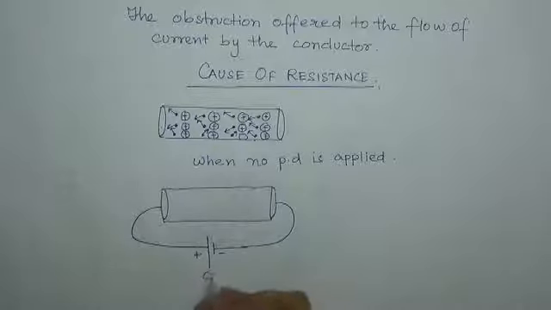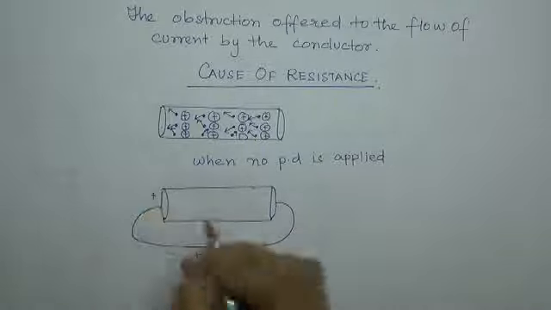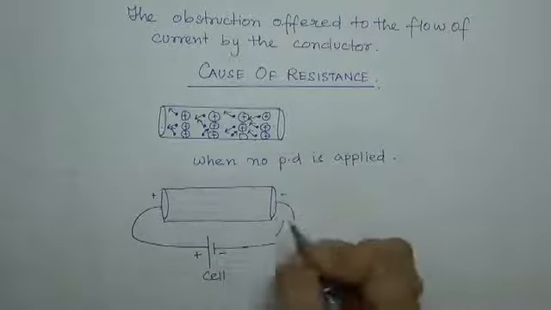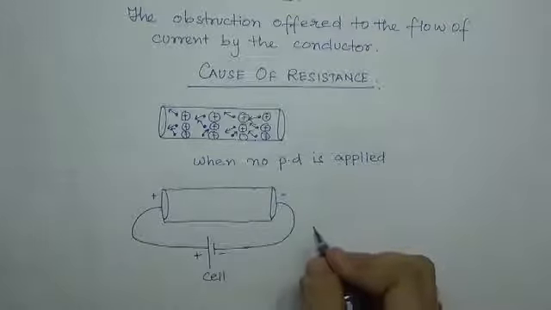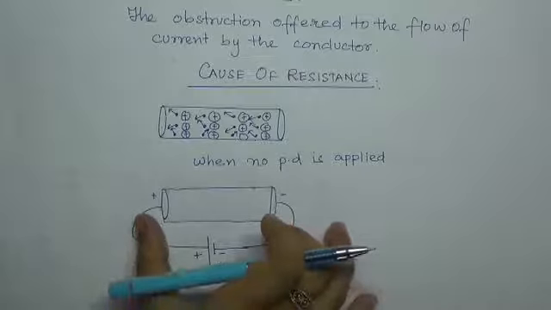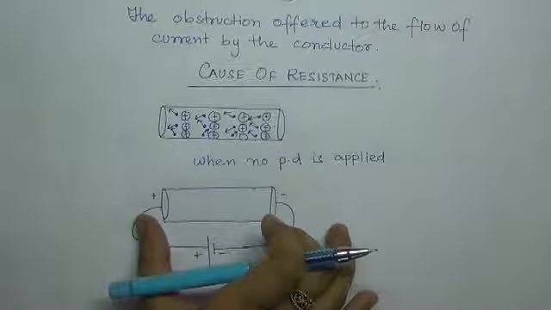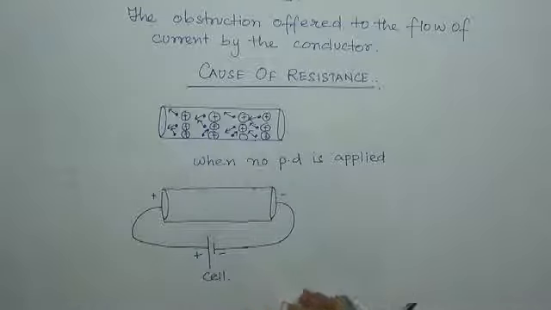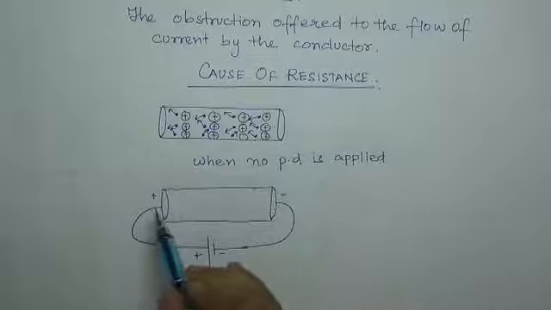When I connect it to a cell, I'm giving a positive terminal, higher potential, to one end, and a negative or lower potential to the other end. Then a potential difference is established across the ends of the metal wire, and the electrons inside start moving in a straight line, from the negative terminal to the positive terminal.